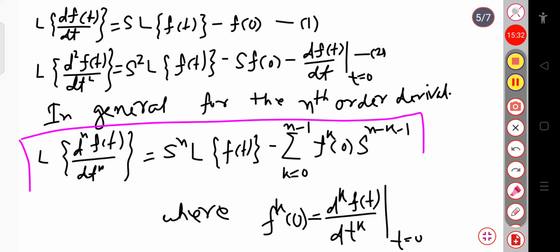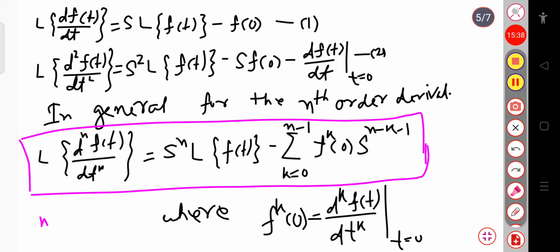Okay. So suppose when n equal to 1, then this will be s power 1, which is s, times L of f of t minus, this will be k varies from 0 to n minus 1. When n is 1, then 1 minus 1 will be 0. Then we will consider only k equal to 0.